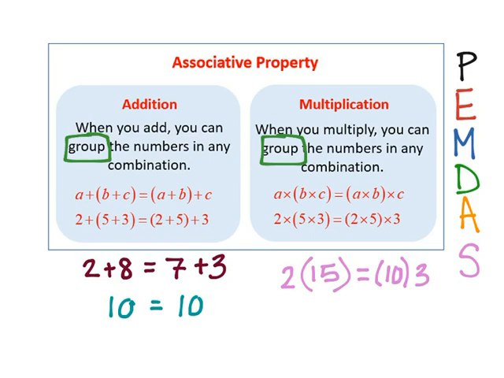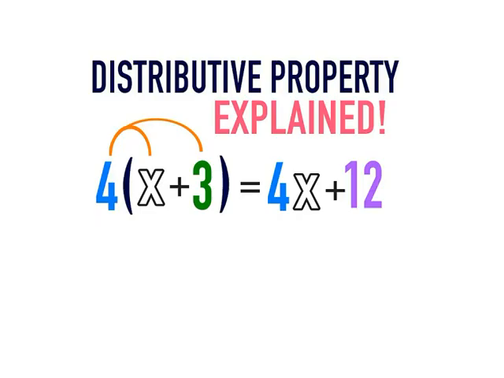And we're going to end up with 2 times 15 is going to give us 30, and on the other side, 10 times 3 will also give us 30, so it works. Again, if you need to copy anything down, feel free to pause the video now to catch up. Otherwise, we're going to move on to the distributive property.